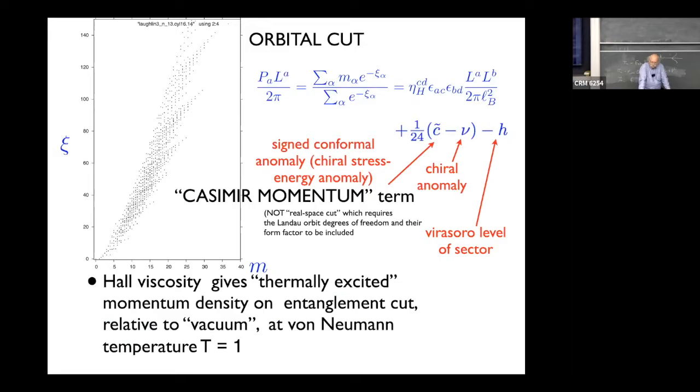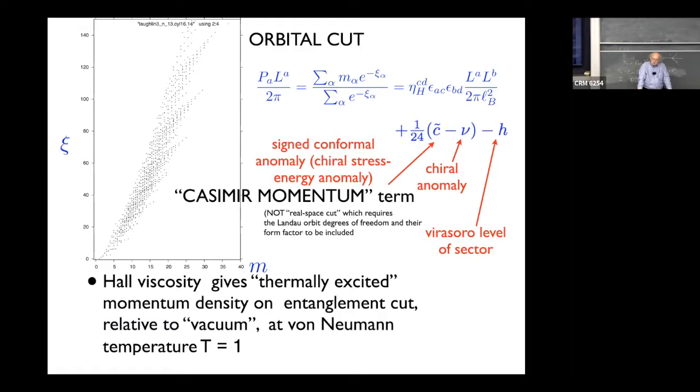Okay. So now what you have to do is calculate the orbital entanglement. You're already calculating the Virasoro level, which is the momentum times the length of the boundary divided by 2 pi. And the momentum of the boundary is a momentum per unit length, right? So this thing actually goes like the boundary length squared, the leading term.